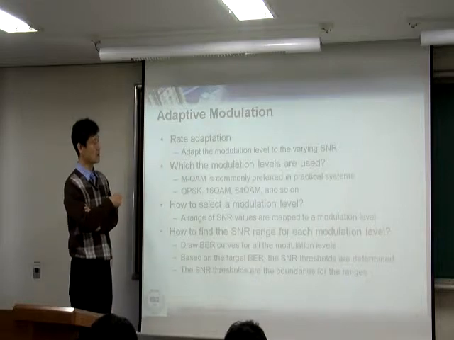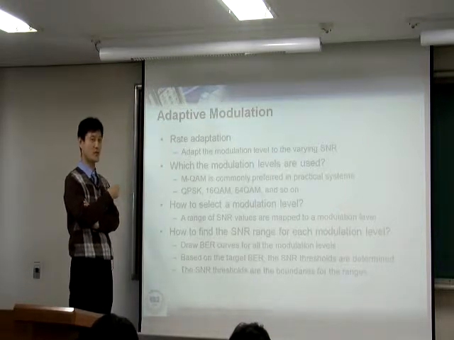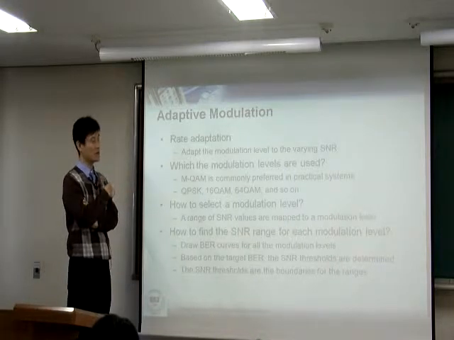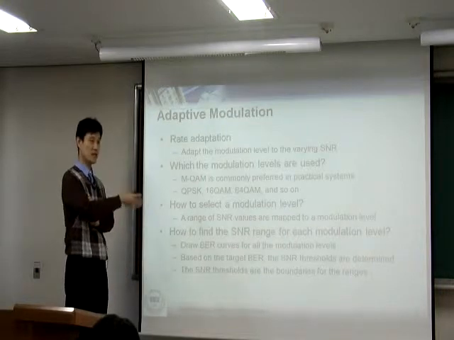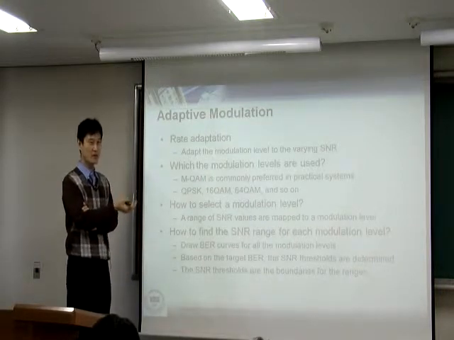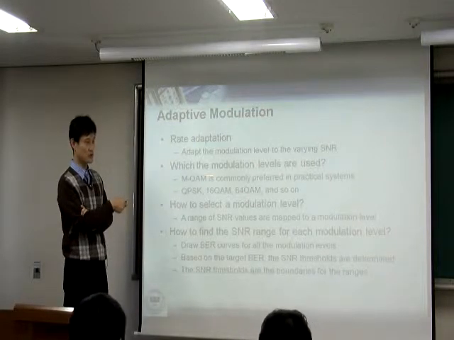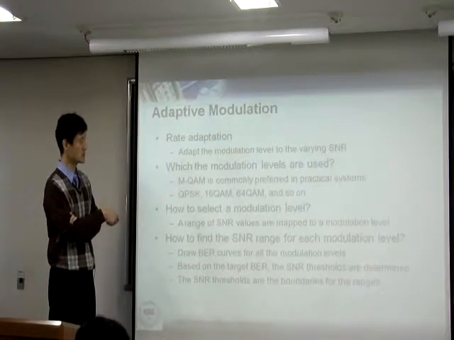And what modulation is used? There are so many different types: PSK, 4 PSK, 8 PSK, PAM, QAM. Which modulation you want to use is one question that you have to answer.